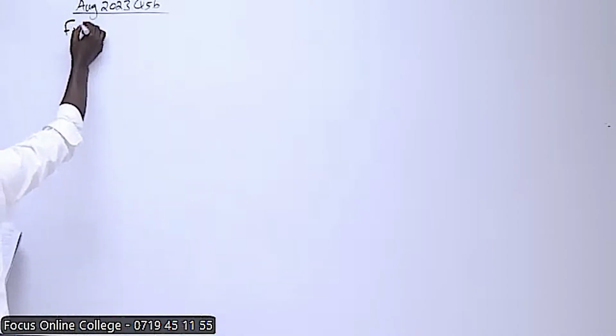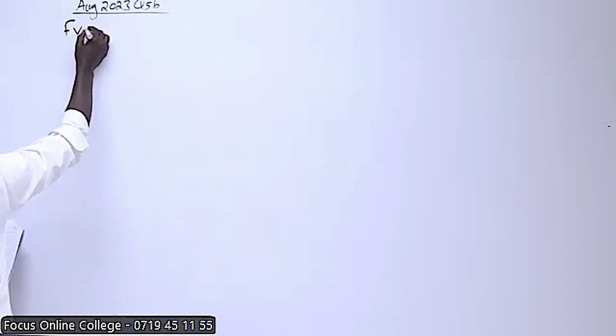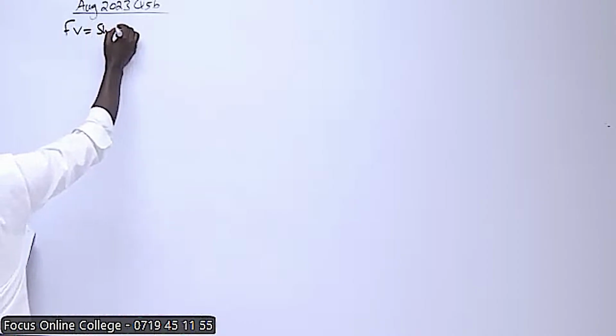Now, so let's start. This is now where understanding the question is coming in. You must understand what the question says, what it requires, so that you can know what to do. Now, in this case, you've been given the future value is 9 million. This is the money this person wants after 5 years.